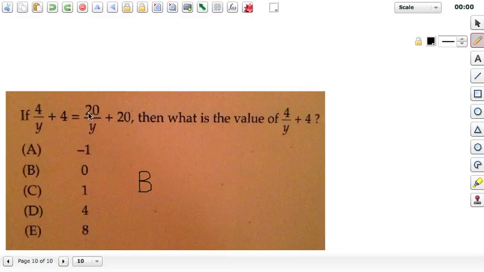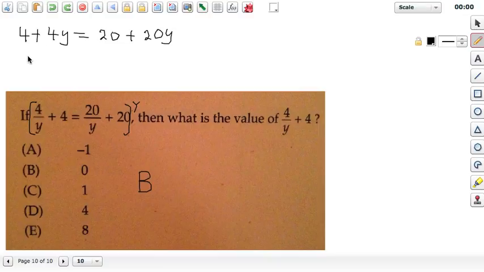Let's go ahead and algebraically figure out what y is. So I'm going to multiply every single term here by y to remove my fraction. So that turns out to be 4 plus 4y is equal to 20 plus 20y.